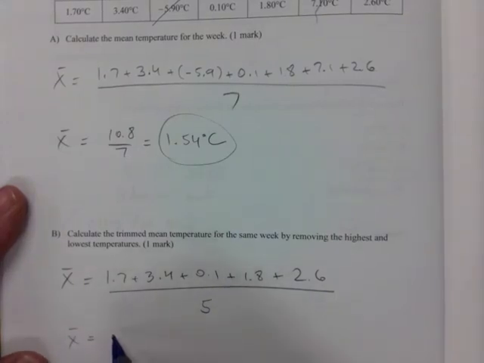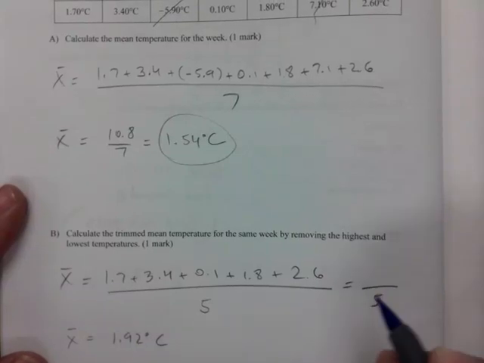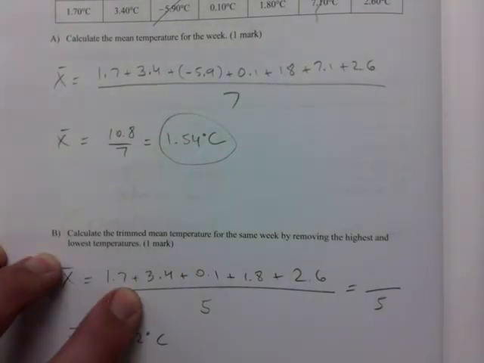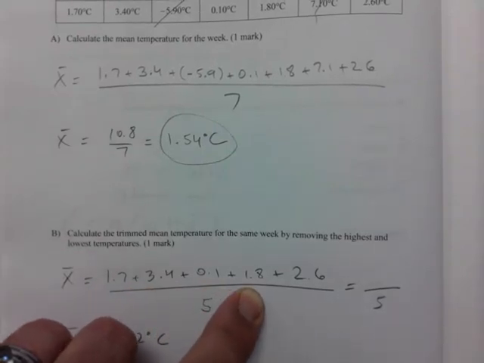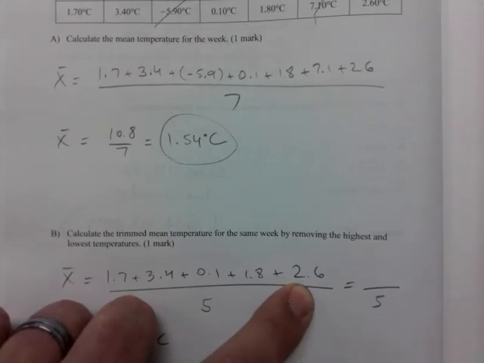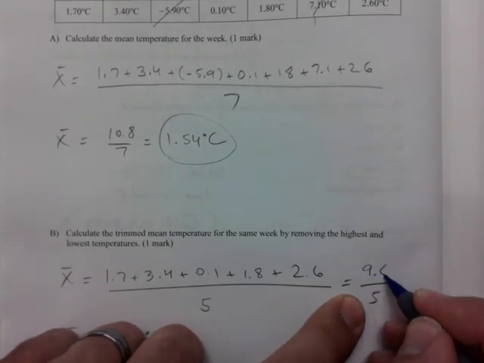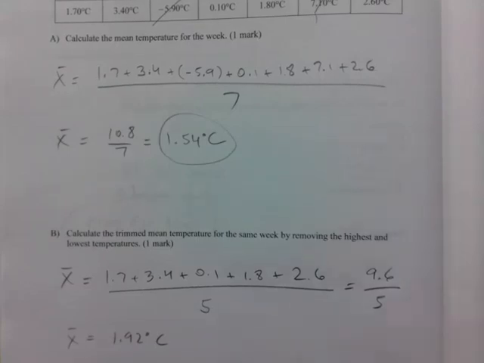So this would be 9.6 divided by 5, which is 1.92 degrees Celsius. There we go. That's my final answer. That's a trimmed mean.